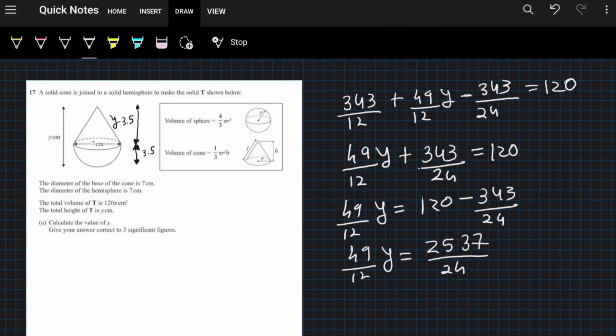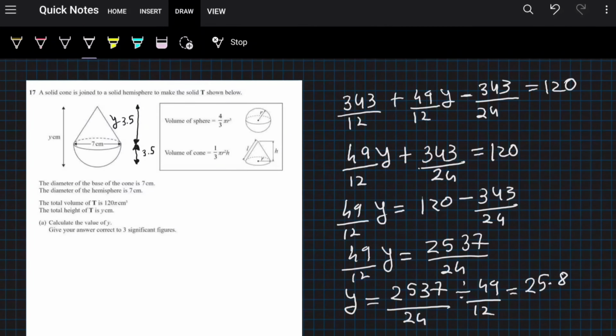Next step, divide both sides by 49/12, so we get y equals 2537/24 divided by 49/12, and you can just put everything in the calculator and you will get 25.887 and so on. They have asked to give your answer to three significant figures, so we round it to 3SF. We get 25.9 centimeters for y, so that's the answer.